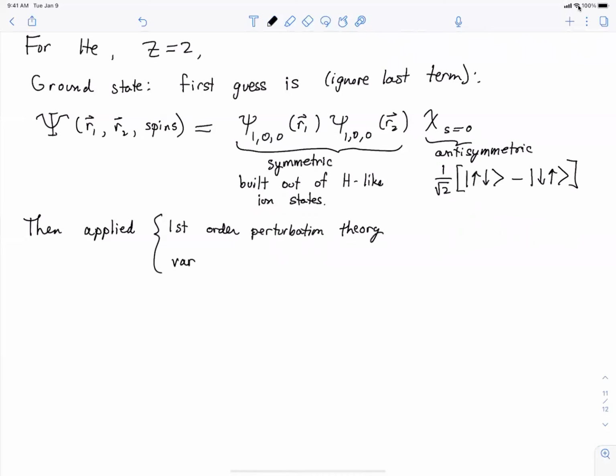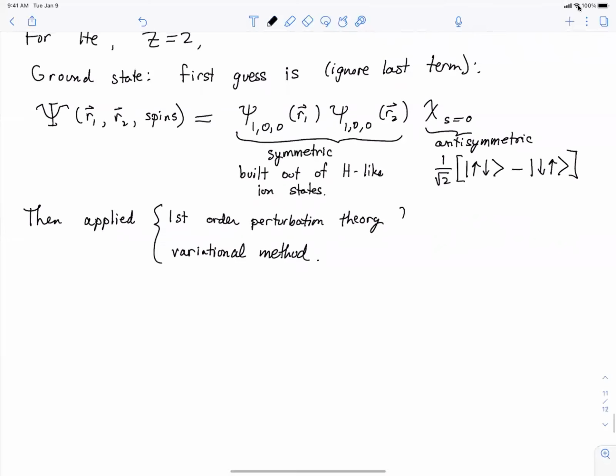And then we did the variational method, which did even better because the variational method often does a little bit better. And we did this to include the last term. And if we wanted to, we could have done second order in perturbation theory, or we could have done a more complicated variational method, trial wave function, and we could have pretty much done as well as we wanted.